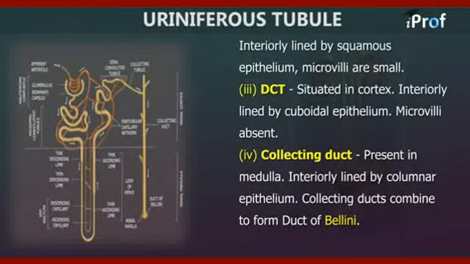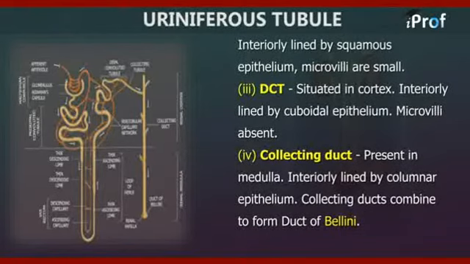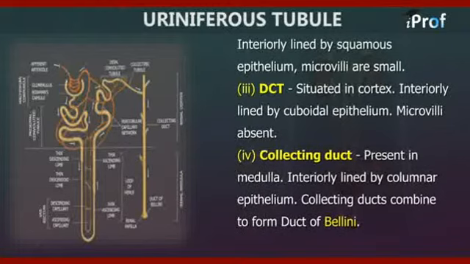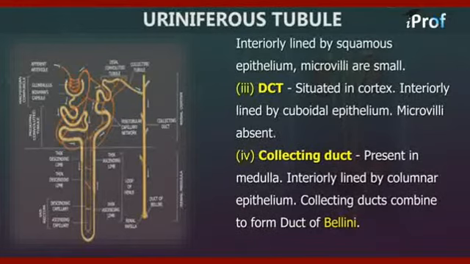Interiorly lined by squamous epithelium and microvilli are small in size. Then DCT, it is situated in cortex internally lined by cuboidal epithelium and microvilli absent in this region.